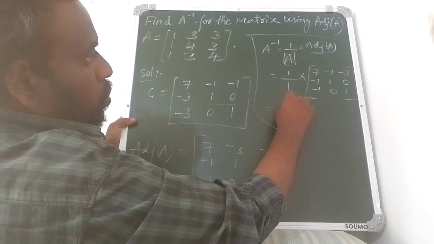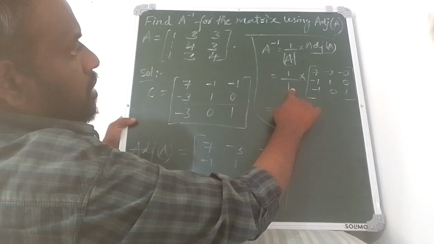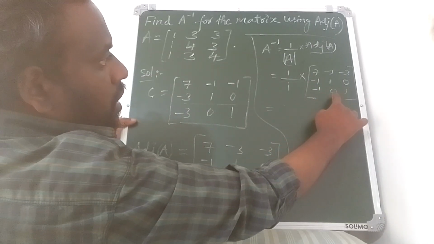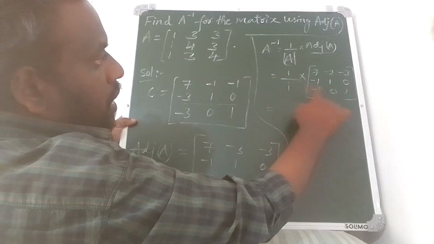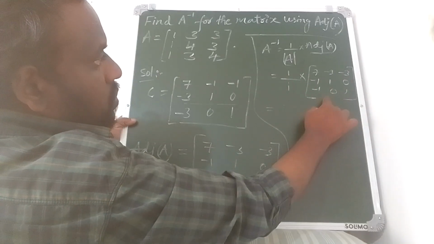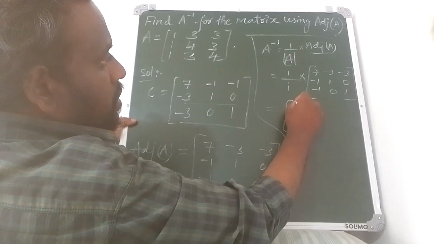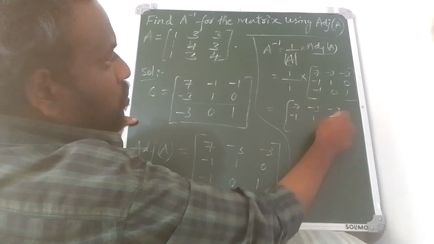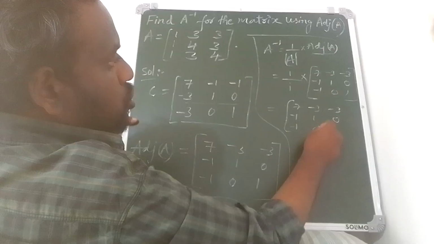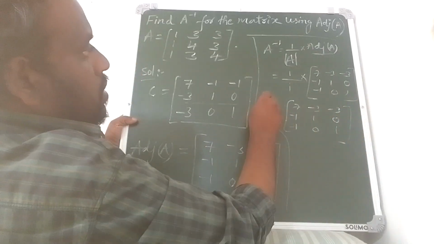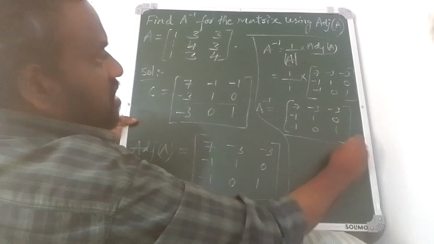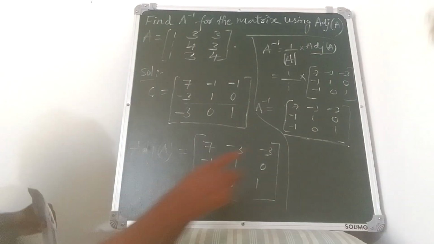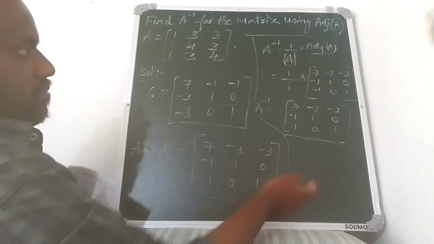Anything multiplied by 1 will give the same thing, so write the same thing here: 7 minus 3 minus 3, minus 1 1 0, minus 1 0 1. Now this is the A inverse. So this is the final answer.